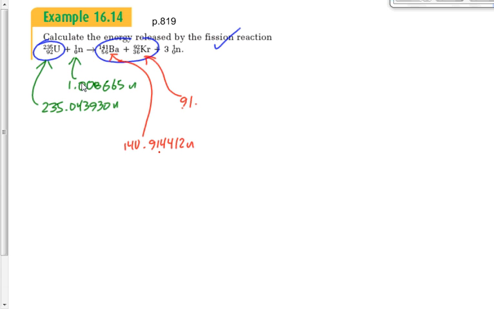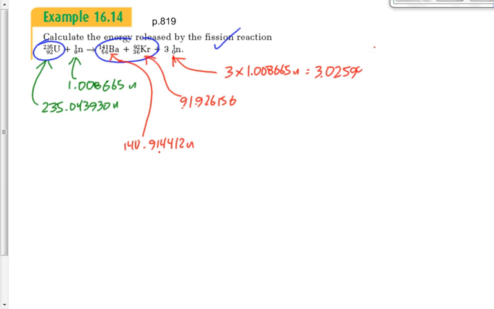What does that work out to be there? 91 point. Thank you. And of course, our three neutrons, we have 3 times 1.008665 atomic mass units. Thank you.